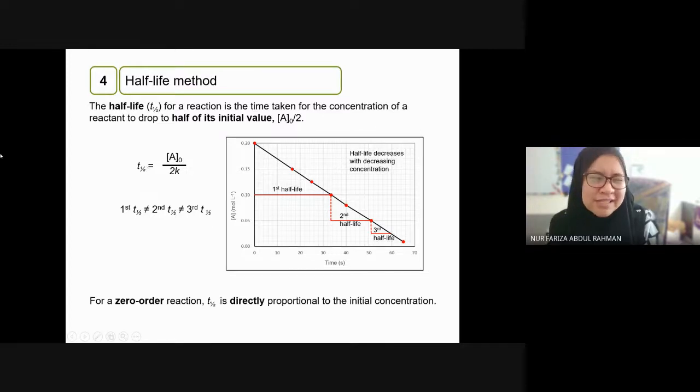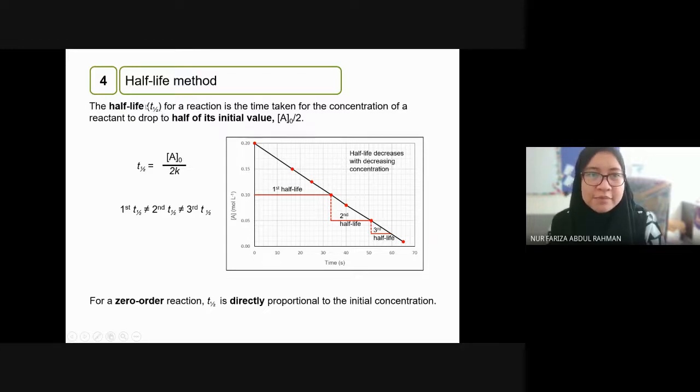Okay, half-life method will be the last one that we can use to determine the order of reaction. So half-life method, nama pun half-life kan. Half-life maksudnya separuh. Separuh apa? Separuh hidup. Tapi dia nak menunjukkan T sebenarnya. T half.